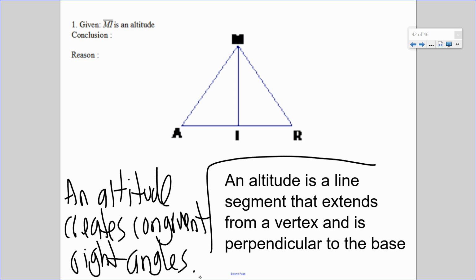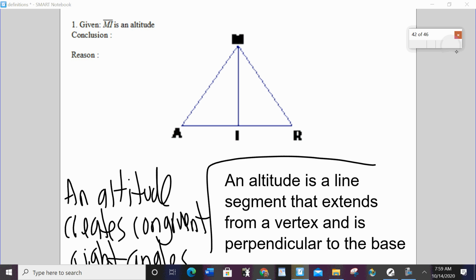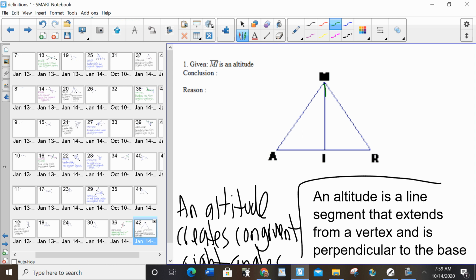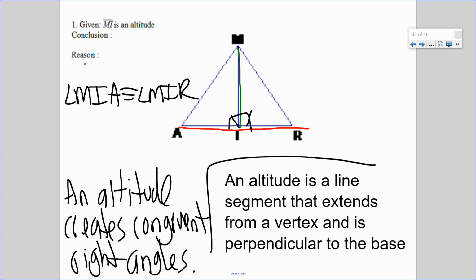So it's essentially the same definition as perpendicular because an altitude is always perpendicular. So my right angles are where the altitude hits the base. So my altitude is MI. Where does MI hit the base? At I. So angle MIA is congruent to angle MIR. And again, the reason: an altitude creates congruent right angles.